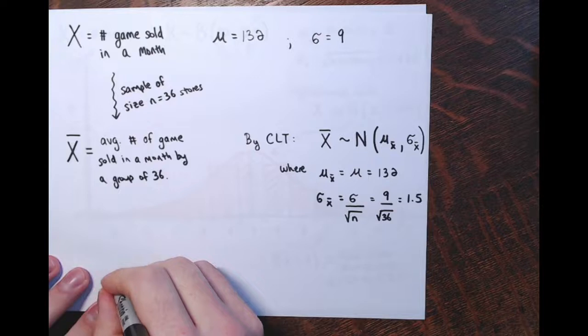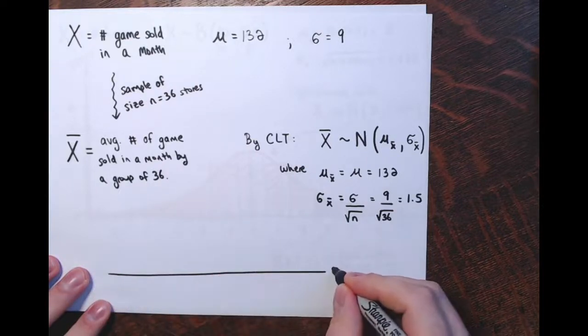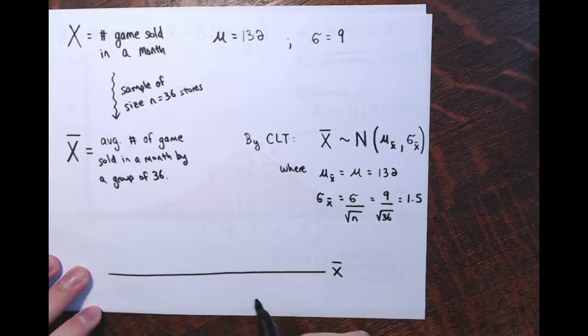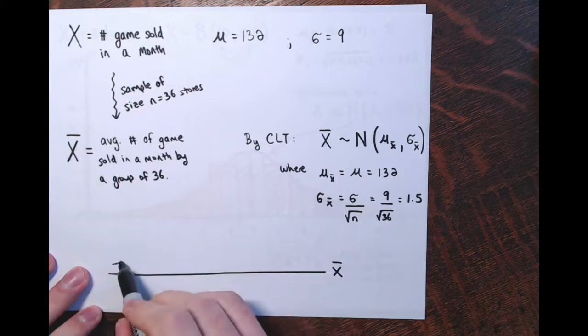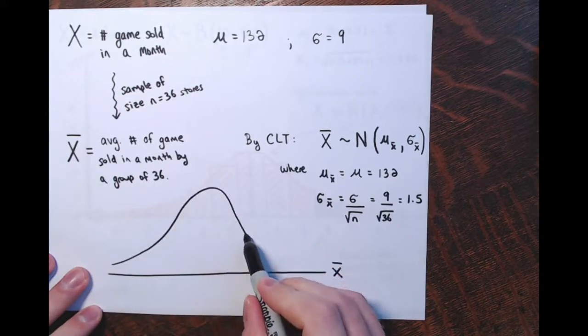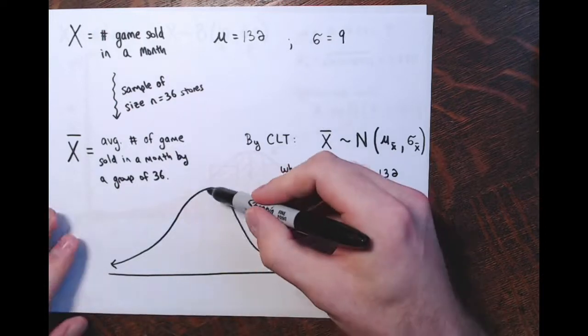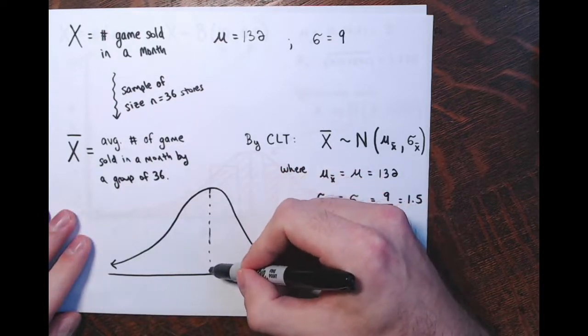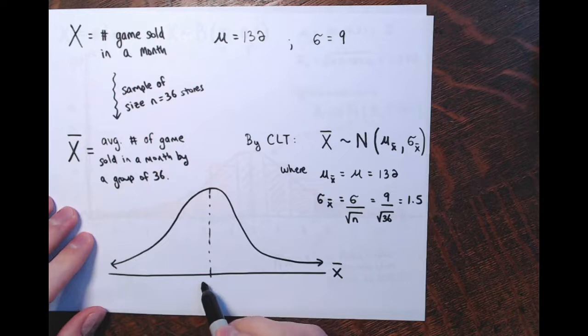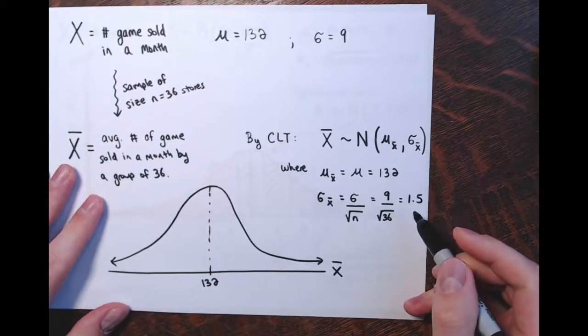And I'll draw a little picture here. Here's X bar, and it's normally distributed. So here's some symmetrical bell-shaped curve, going to the left forever and right forever. Underneath the peak, that value should be at 132, and the standard deviation is 1.5.